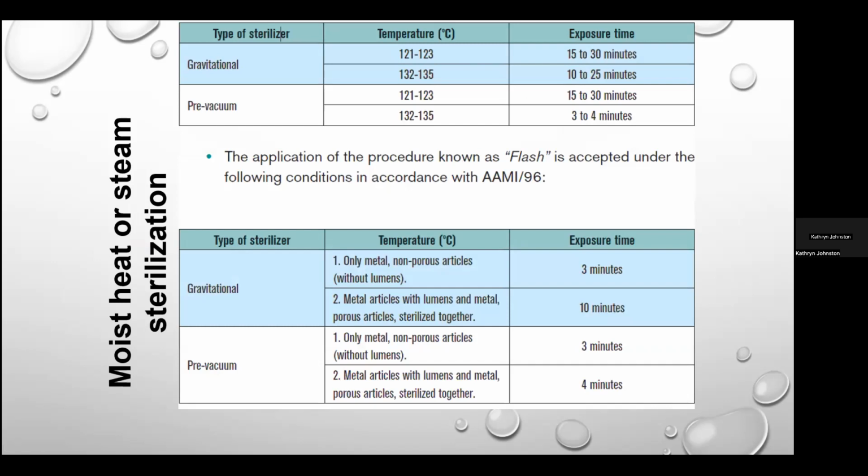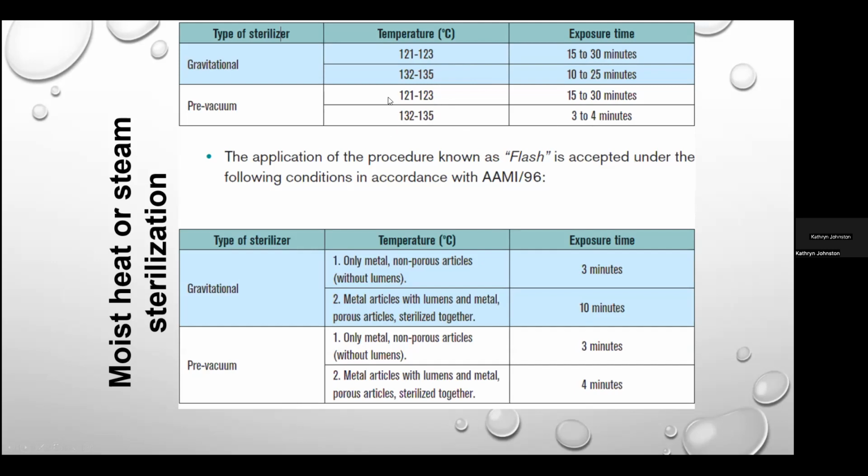And then this slide depicts the time and temperatures that are necessary if you're using gravitational versus a pre-vacuum. And you can see that with the same temperatures, the times are radically different. With the gravitational, you may have to sterilize with exposure times of 15 to 30 minutes at 121 to 123 degrees Celsius.